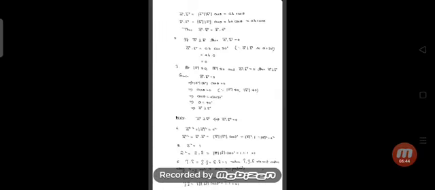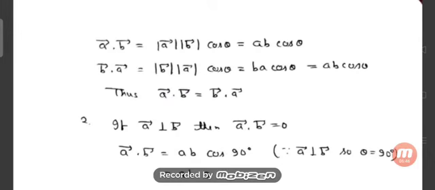I'll prove this result. So you see, by definition of the dot product, what is the value of a bar dot b bar? A bar dot b bar can be written as modulus of a, modulus of b, cos of theta, which means ab cos theta. These are numbers now, so without giving a symbol, we can write it. It becomes ab cos theta. Now b bar dot a bar means what? First we have b bar, then we have a bar. So it can be written as modulus b, modulus a, cos of the angle between them, which will be the same.